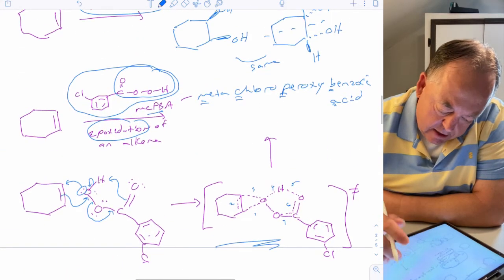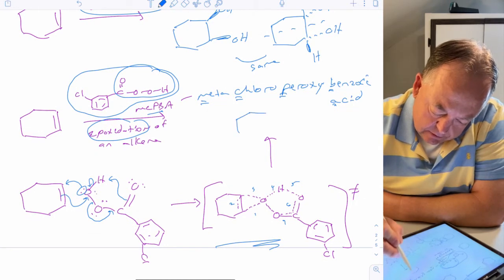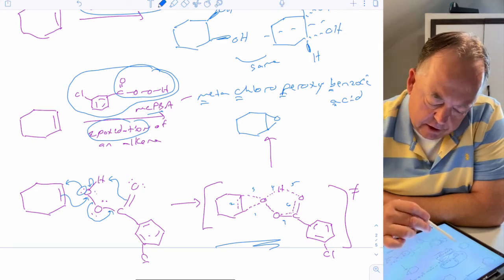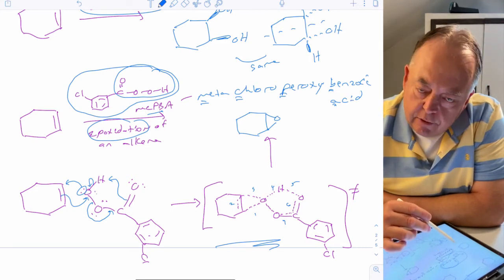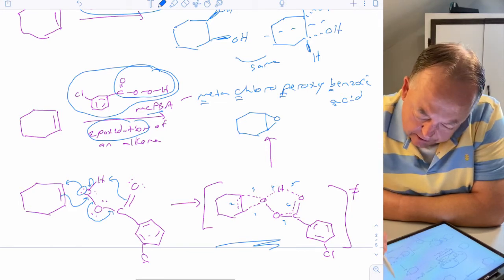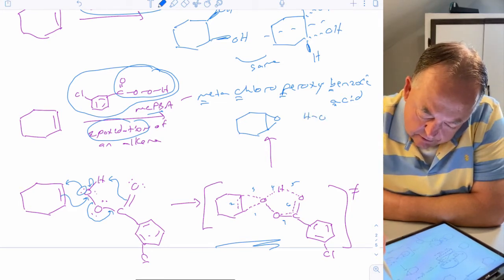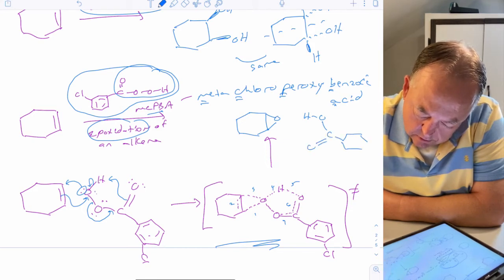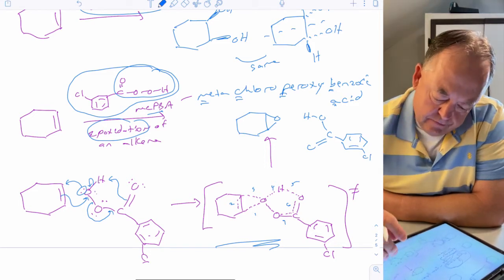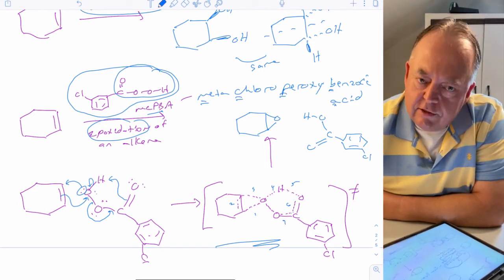And then what comes out of that is an epoxide. So anytime you see MCPBA with an alkene, just take the double bond, get rid of the double bond, make an epoxide, and you're done. And then the side product that comes out of that is a carboxylic acid, so metachlorobenzoic acid.